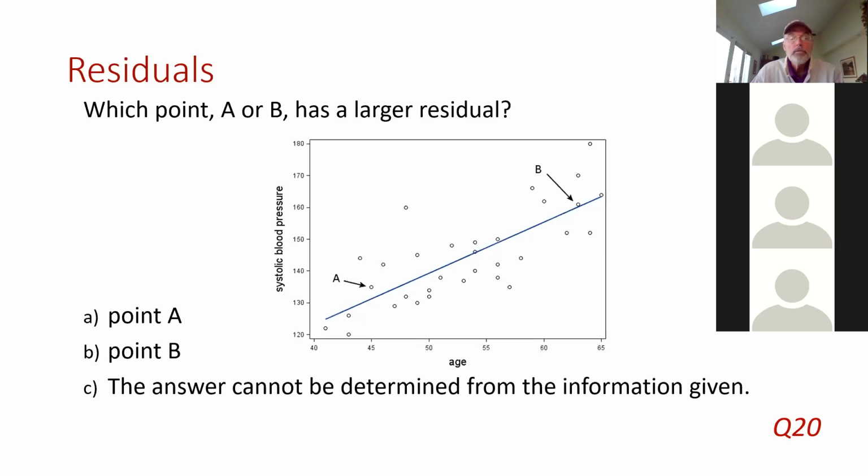A is kind of close too, but further away than B. And so we're going to go with A. All right. Any other questions?